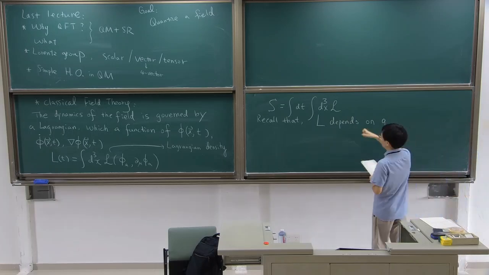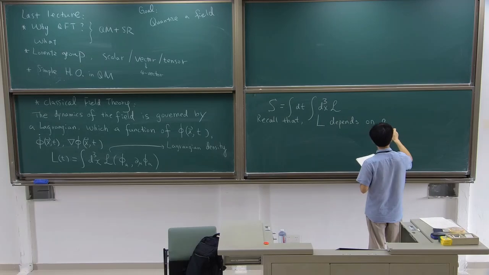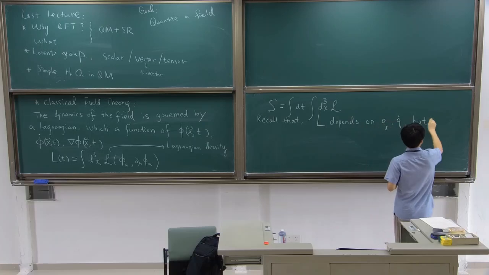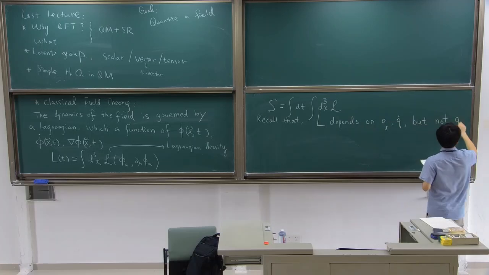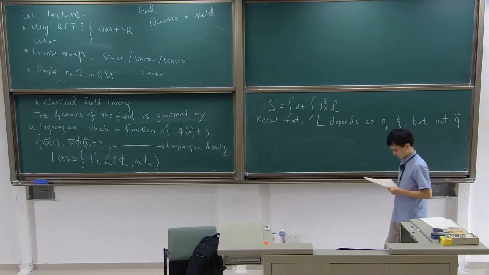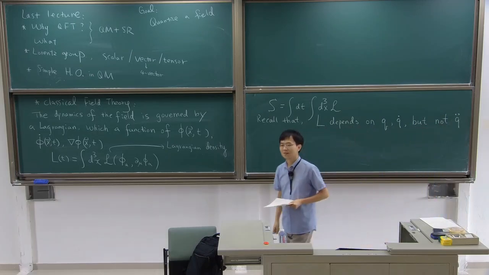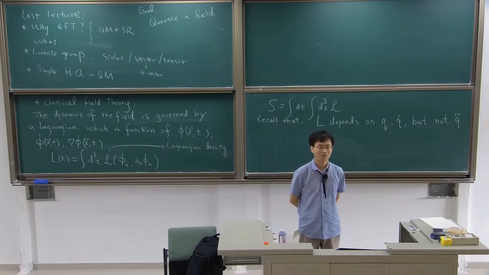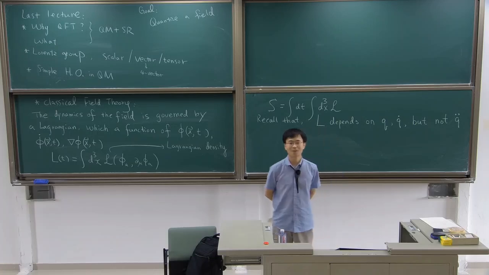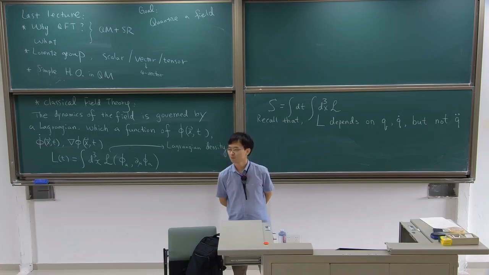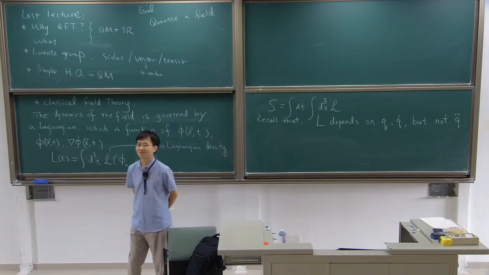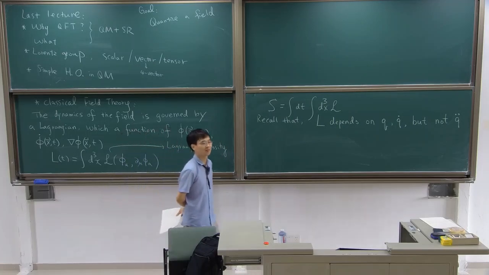So we know that L can depend on Q or Q dot, okay? But not a double dot. What is the reason for this?